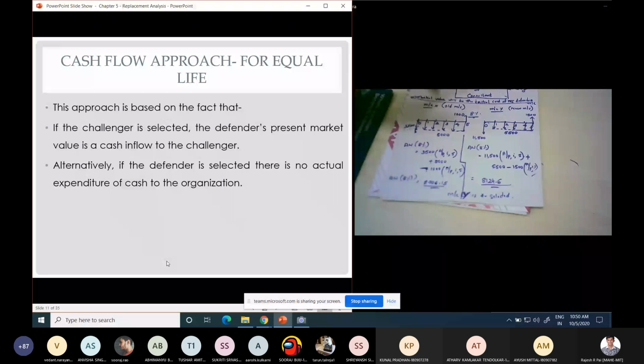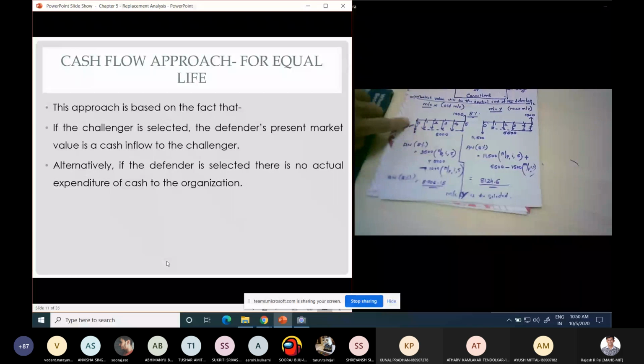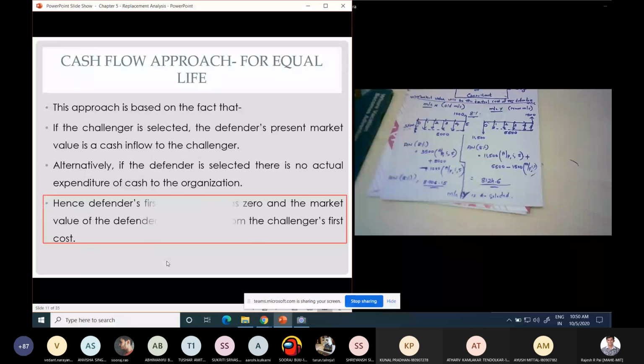So we consider the initial investment as zero and check for the 5 year time period. It's annual. Depending upon that, we have to decide. Hence, the defender's first cost is taken as zero, and the market value of the defender is subtracted from the challenger's first cost.